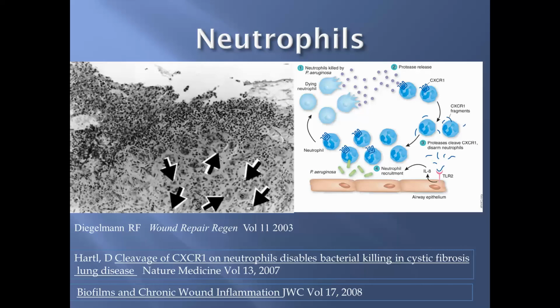This shows a lot of different things. The photomicrograph shows what Dr. Diegelman was trying to show: lots of neutrophils in the blood vessels, in the tissue, and there's thousands of times more neutrophils in this wound bed histology, biopsy from a wound bed.